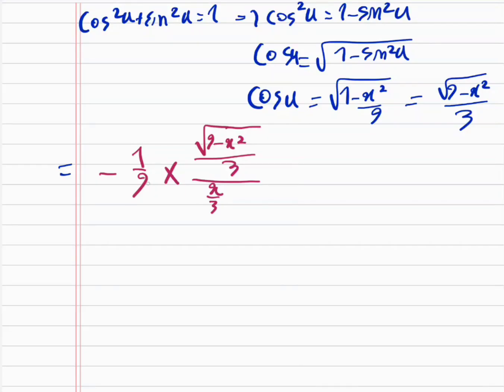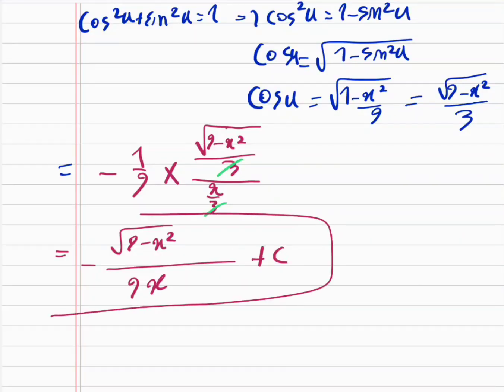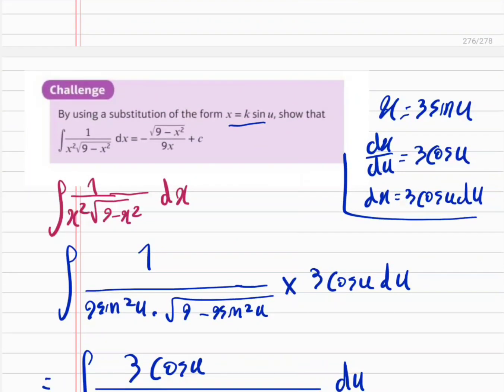But remember that we also have this 9 that is being multiplied. So we just need to simplify this now. This 3 here cancels out with this 3, and we'll have root 9 minus x squared over 9x plus c. That's exactly the form we wanted to have.